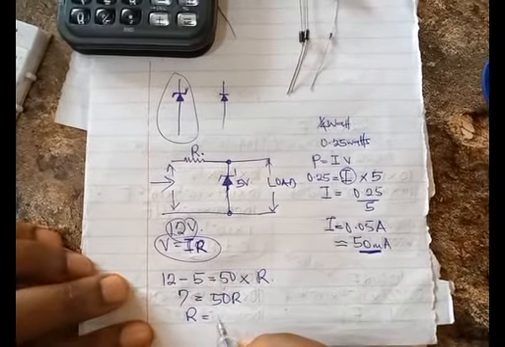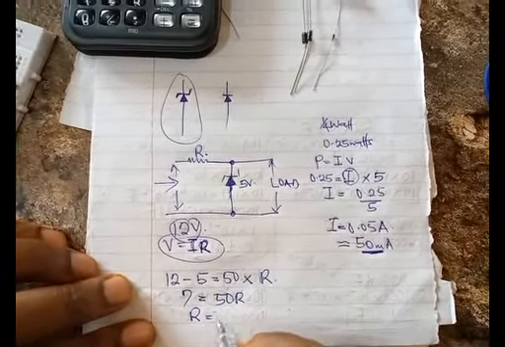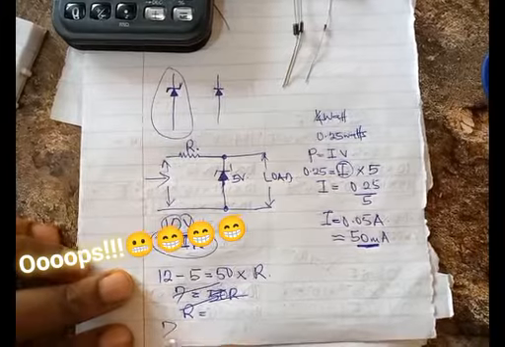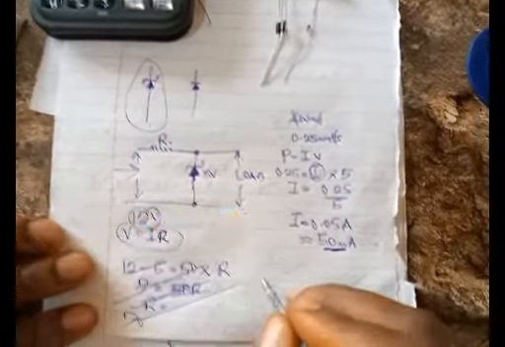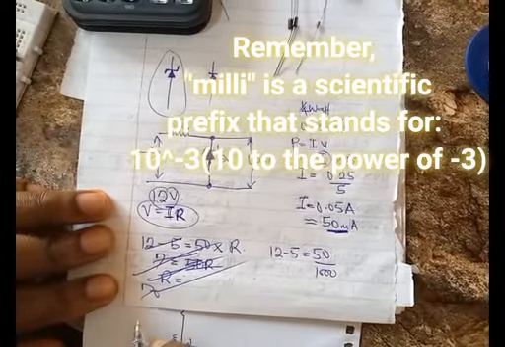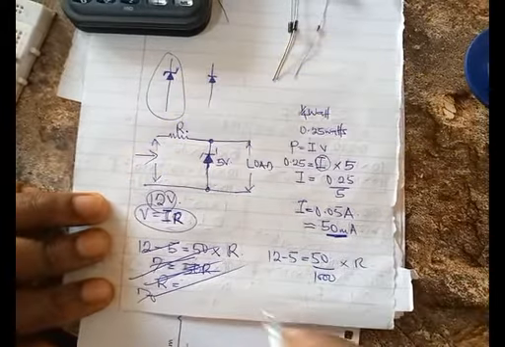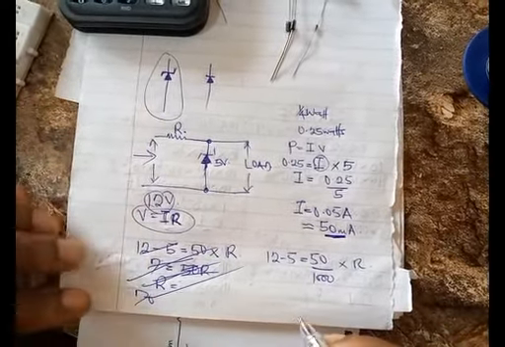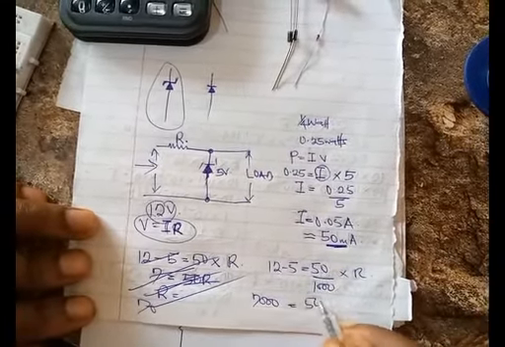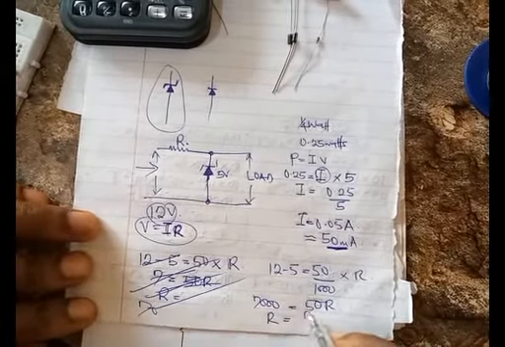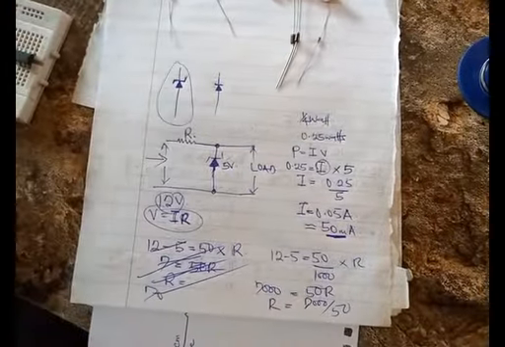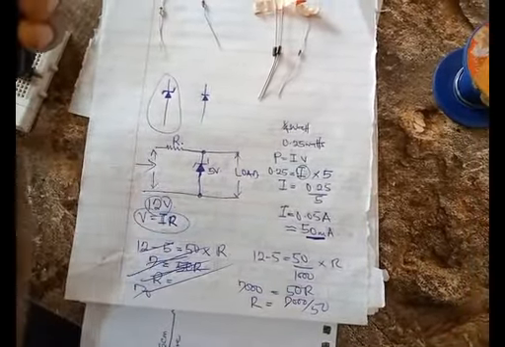So our resistance here would be, let's take this all out: 12 minus 5 equal to 50 milliamps over 1000, times R. 12 minus 5 is 7, times 1000, so 7000 equal to 50R, where R will be what? 7000 divided by 50.